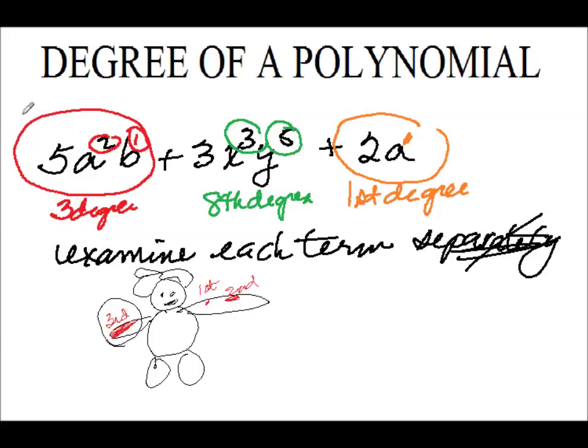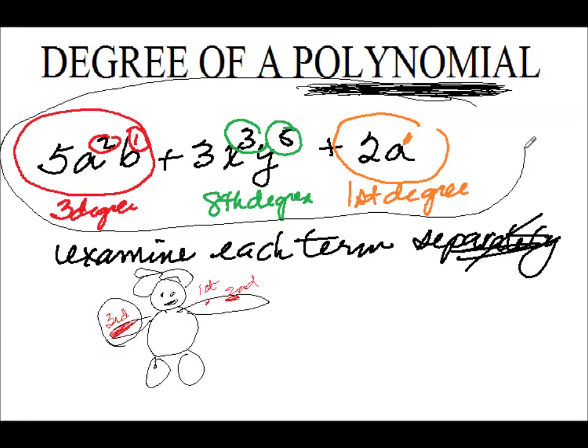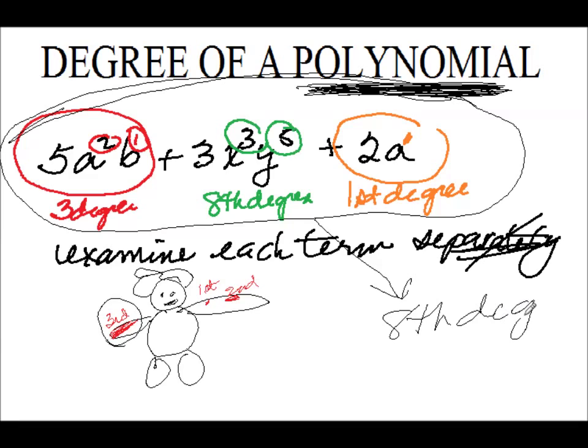So our little polynomial over here, when he wants to brag about how ugly he is, can only say what his worst term is. So the degree of this whole polynomial takes its size or its degree from the worst one. So this whole thing is called an 8th-degree polynomial. I hope my little snowman wounded warrior here helps you understand that.